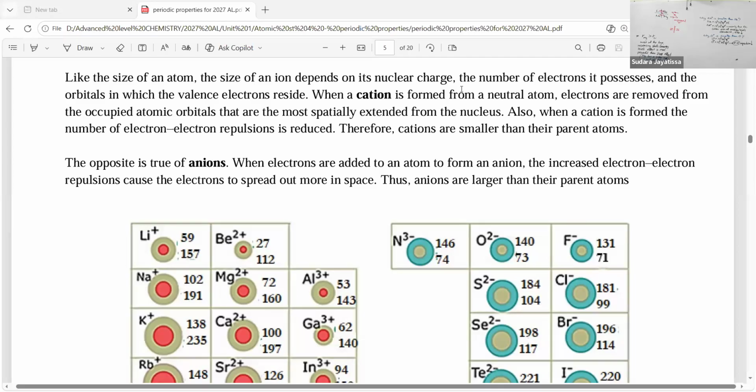Why? Because normally we are trying to make the noble gas. Now let's take oxygen. When you add an electron to oxygen, it was 2p4. If you add another electron, it is 2p5. Another one, 2p6.